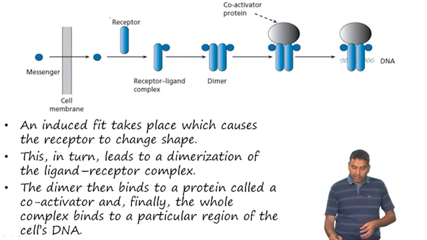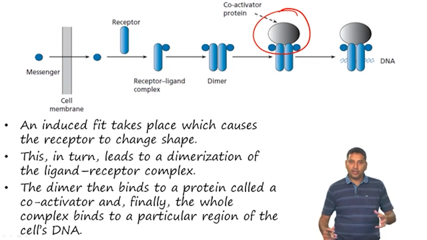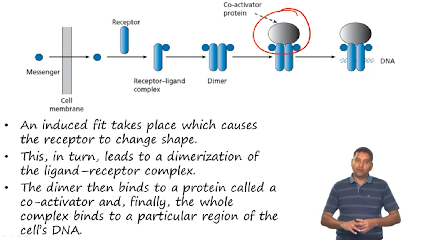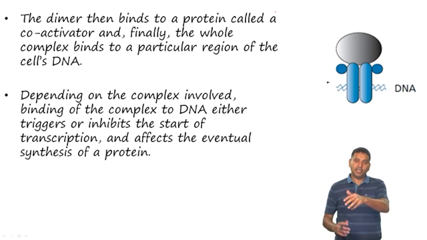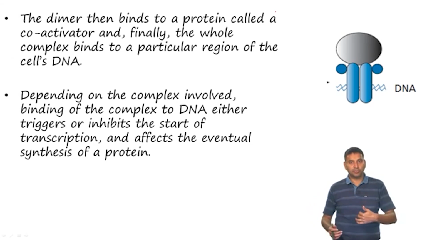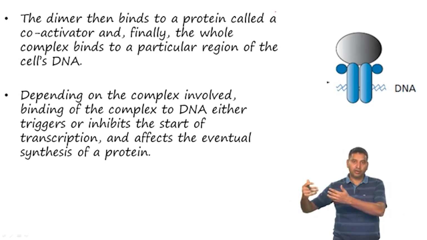The dimer then binds to a protein known as the co-activator protein, and this together can go and bind to a particular region of the cell's DNA. Depending on the complex involved, the binding of the complex to DNA either triggers or inhibits the start of transcription, and this will affect, let us say, the synthesis of a protein, and that protein may have important function inside the cell.